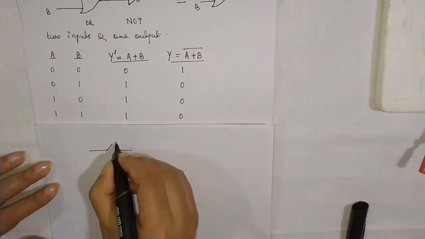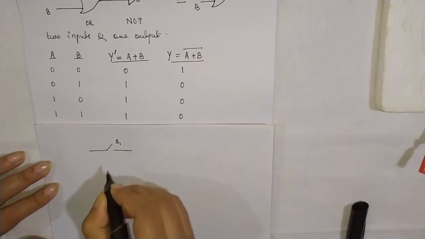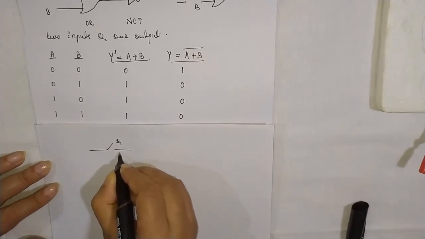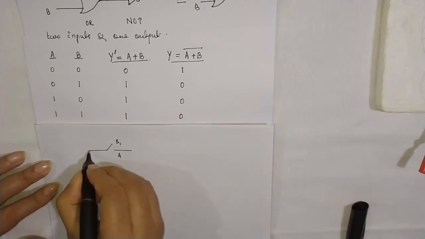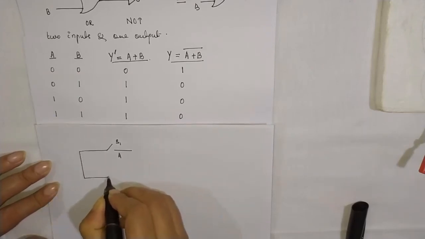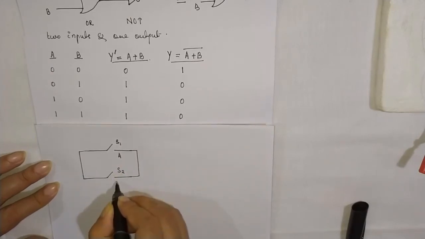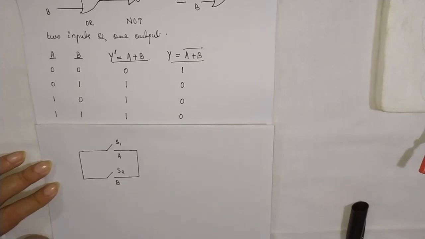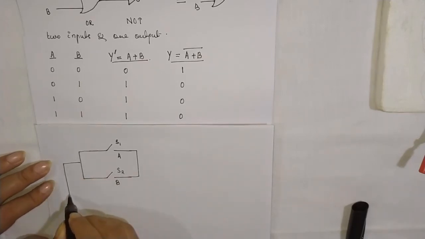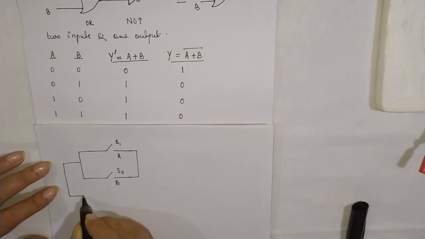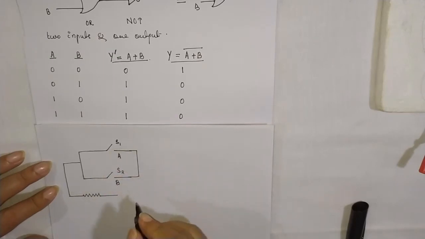This is my first switch, S1, which will act as the first input A. Then the second switch will be connected in parallel with the first switch. This will act as input B. Then we have to take a resistor, which is also in parallel with these two switches, and we connect an LED. If you don't have an LED, you can connect a normal bulb also.